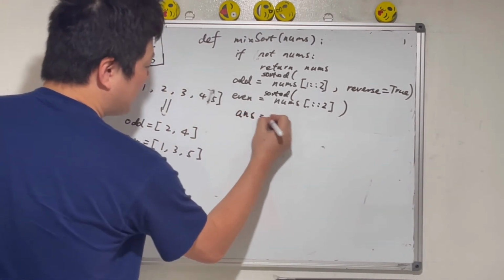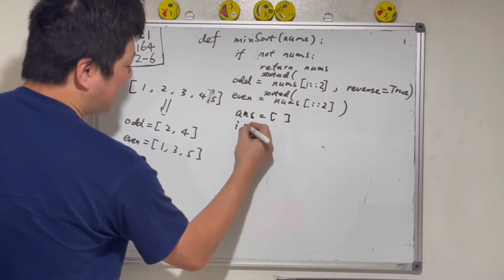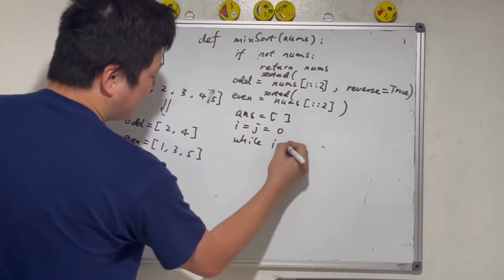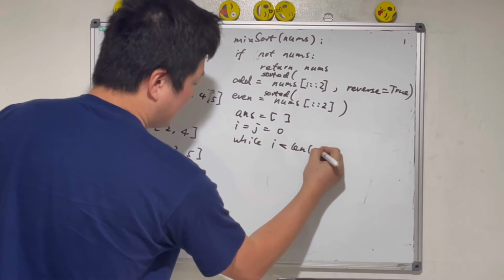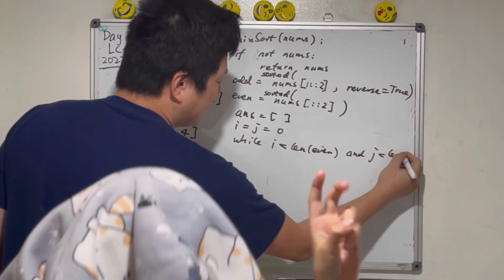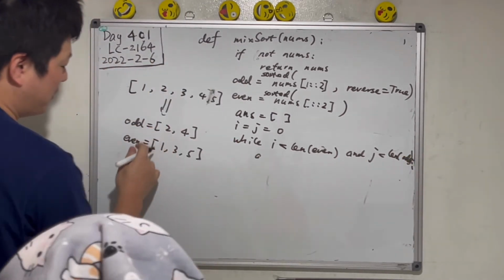Answer equals empty list. And then let's say i equals j equals 0, while i is smaller than, we start from the even number, length even, and j smaller than length odd. And then we pick one from the even, we pick one from the odd.